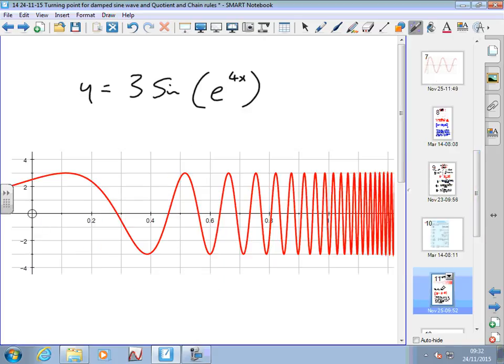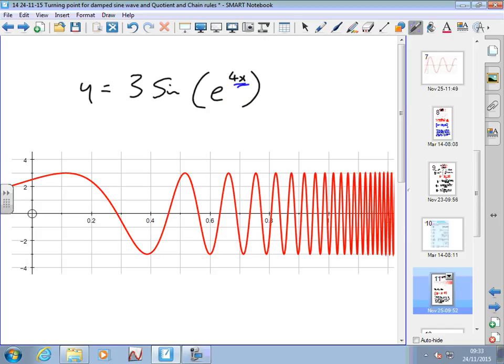If I want to find out what y is, this original function y, then I ask myself the question, what have I got to do to get y? I take a value of x, and then I've got to do something with that x. I've got to apply a function to it, and that's this function, e to the 4x. On my calculator, shift e to the 4 times whatever x is, and I'll get it.